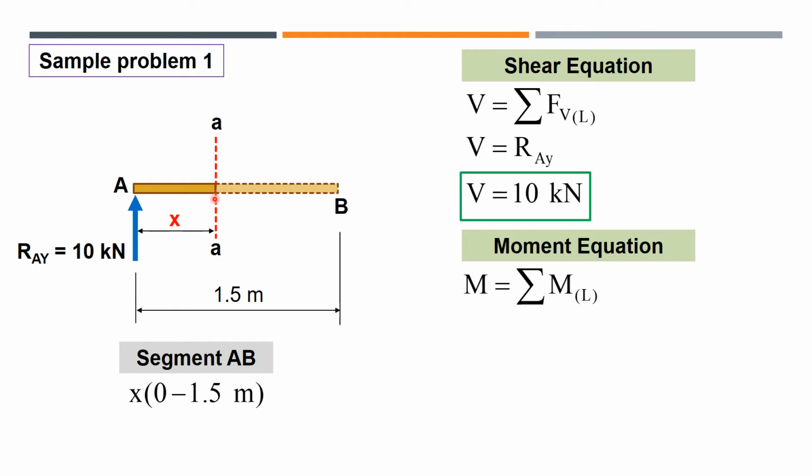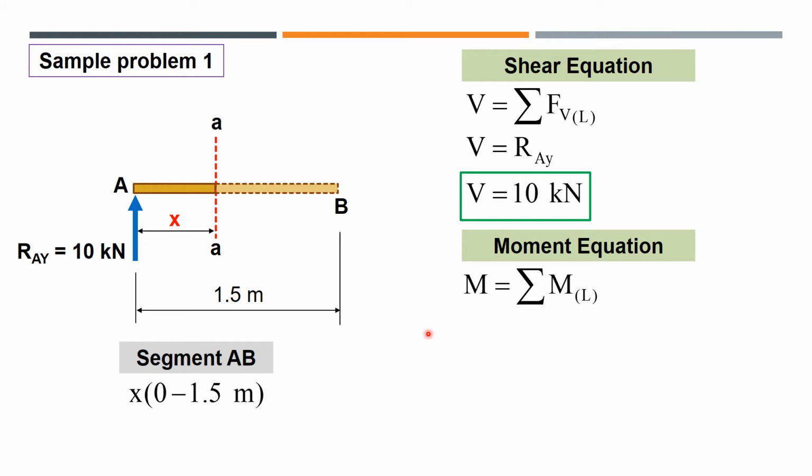So in this case, we have RAY, and it has a perpendicular distance of x up to where the cutting plane passes. And it will rotate in the clockwise direction. So let us use a sign convention that when the moment about a point is clockwise, that is positive.